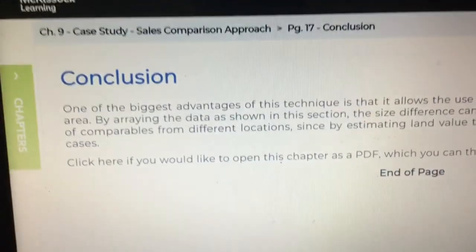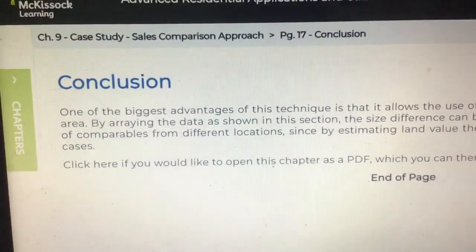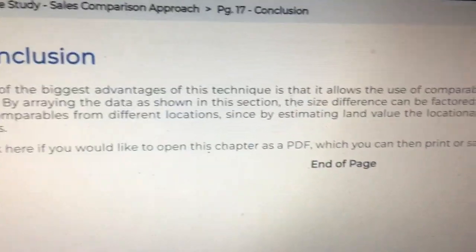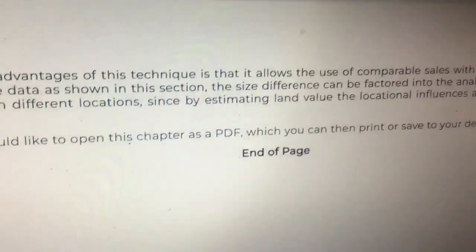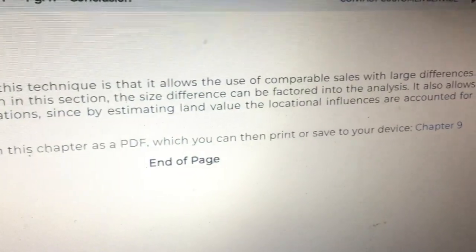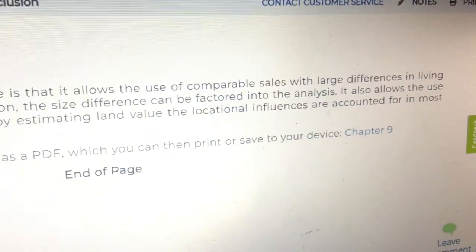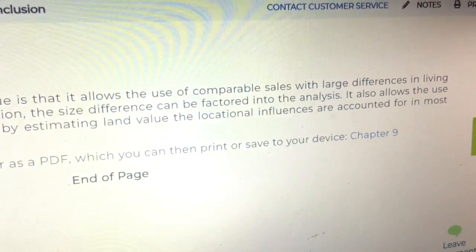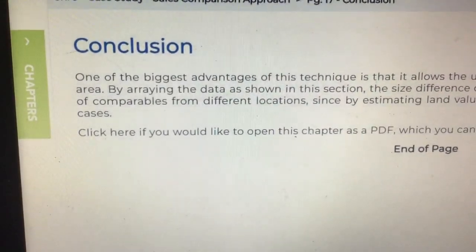Page 17, conclusion. One of the biggest advantages of this technique is that it allows the use of comparable sales with large differences in living area.